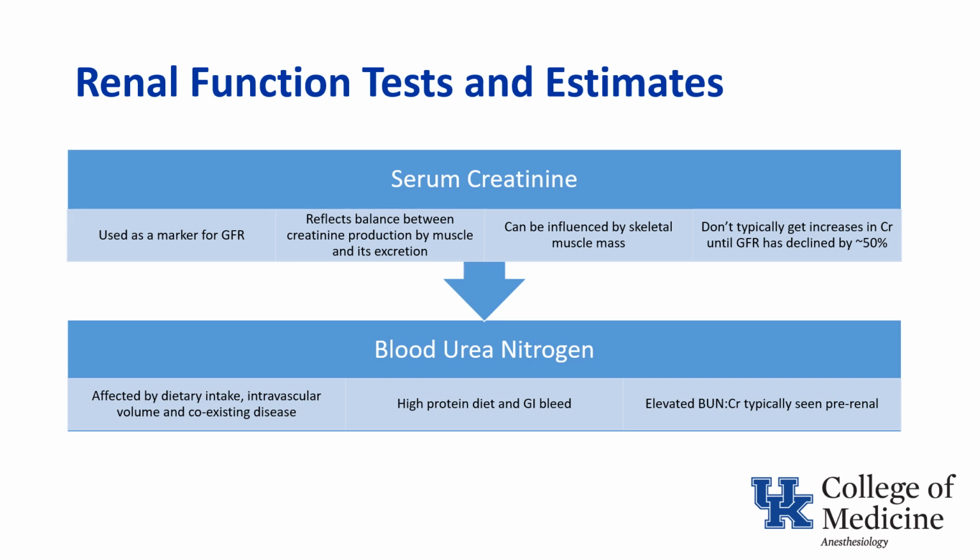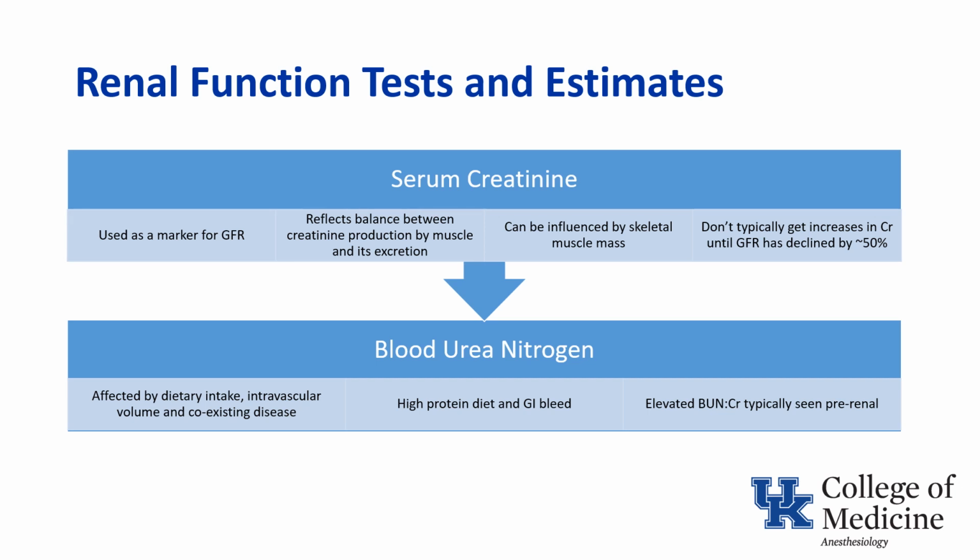Number one, because it's influenced by skeletal muscle mass, right? So someone who is very muscle bound, like Bjorn, probably has a higher creatinine than somebody who might have a little less muscle. You also don't get a rise in your creatinine until your GFR has declined by roughly about 50%, right?